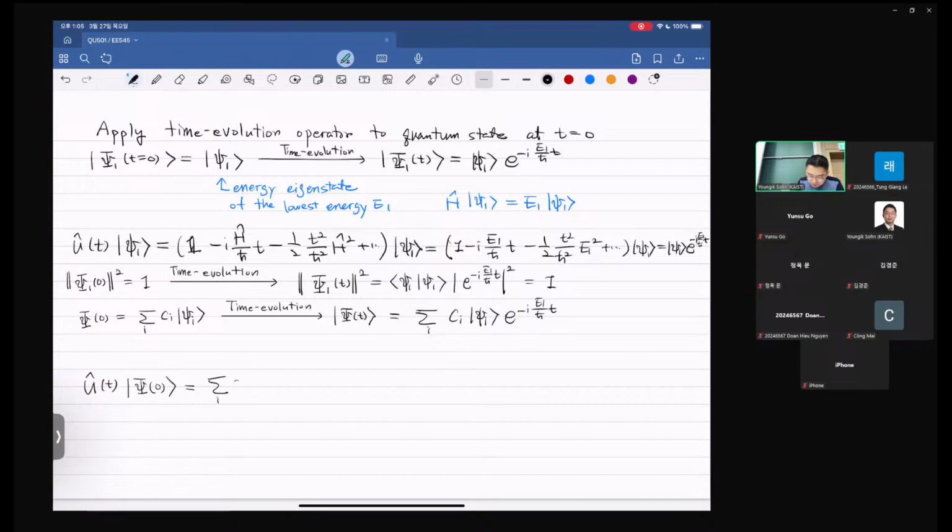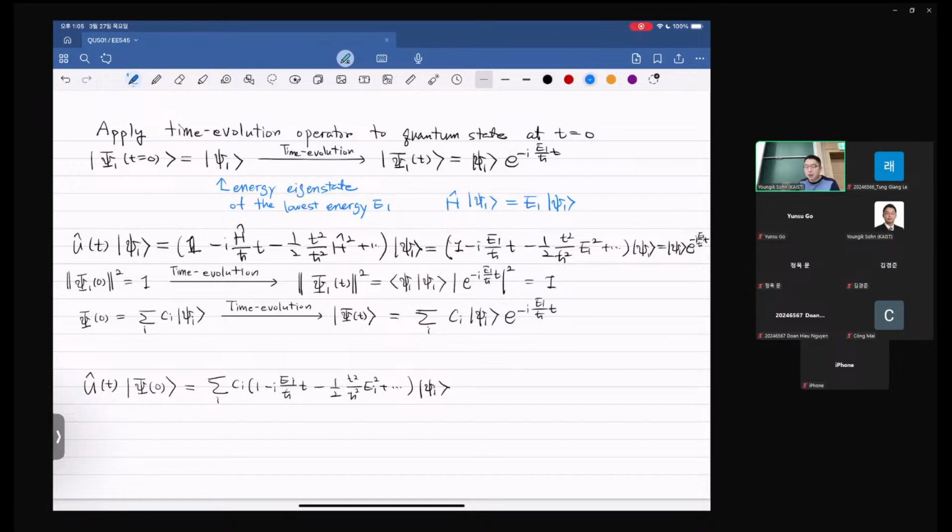There's a sigma sign there. c_i is staying the same, and then you will have i squared, h bar squared, E_i squared, and so on, and then there will be psi_i.